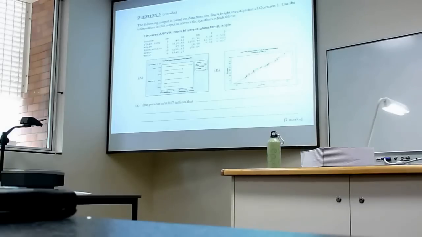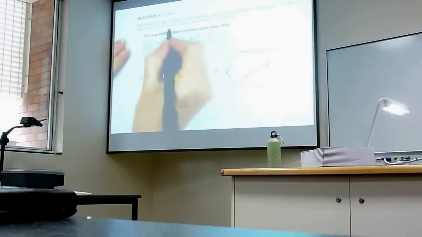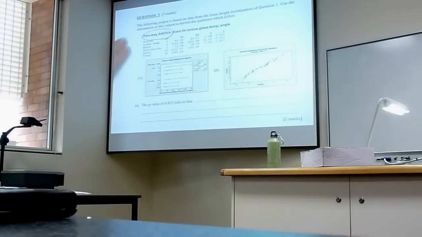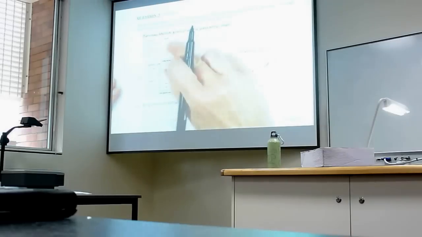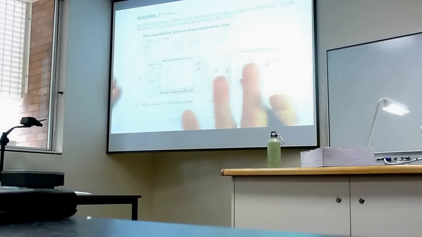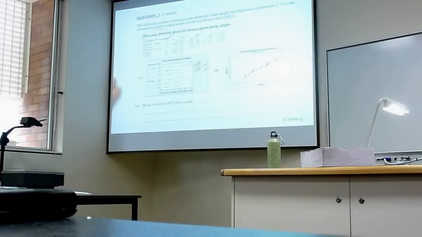So this is question 3. What's it look like? It's written there, it says ANOVA. So you look for the clues. This is all analysis of variance stuff. It says 2-way ANOVA, so it's a 2-way ANOVA with an interaction.